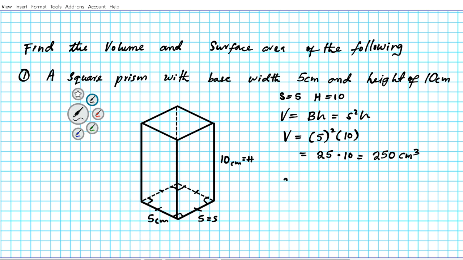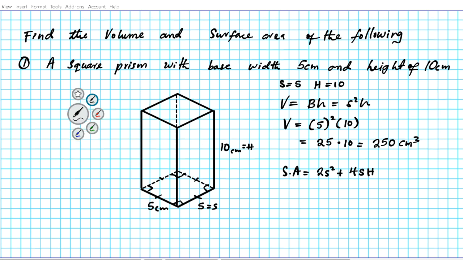Alright, surface area. Surface area is going to be area of the top and bottom, which is 2 S squared, plus the lateral areas, which is 4 S times h. Okay, so we substitute. S is 5, plus 4 times S, which is 5 again, times height, which is 10.